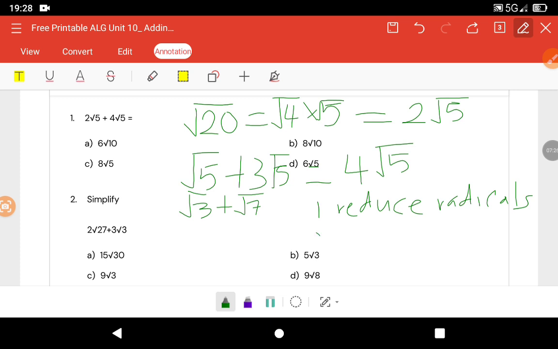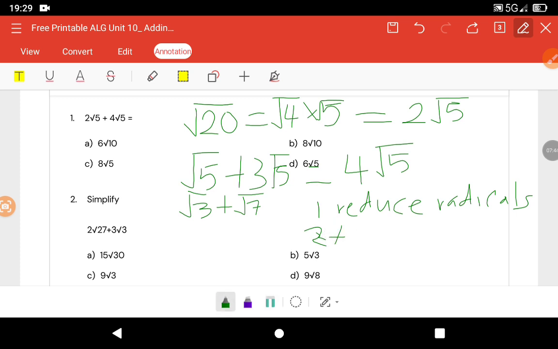Then step 2, what do we do in step 2? We add or subtract similar radicals. You only add or subtract similar radicals, because if they are different, you can't add them or subtract them.